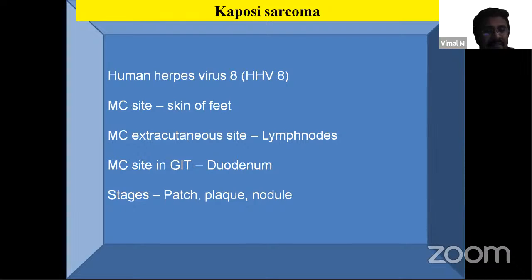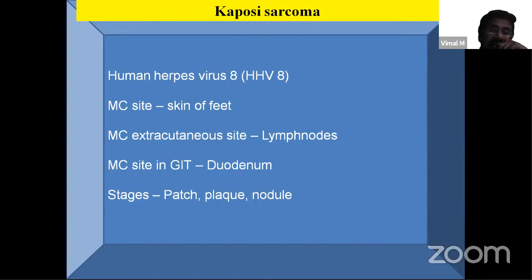Apart from the skin, where else can you see Kaposi sarcoma? In the lymph nodes. So skin is the commonest site, and the commonest extracutaneous site for Kaposi sarcoma is the lymph nodes. The most common site in the GIT is the duodenum.